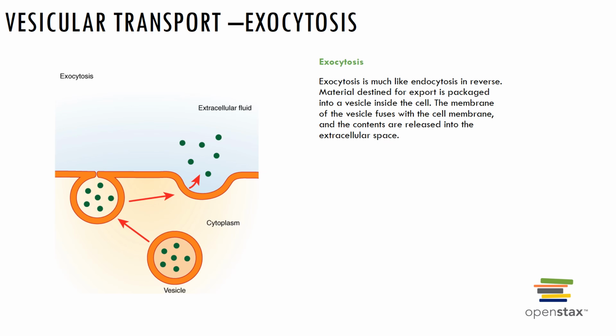So the active processes that we have talked about are primary active transport, secondary active transport, exocytosis, and then phagocytosis, pinocytosis, and receptor-mediated endocytosis.